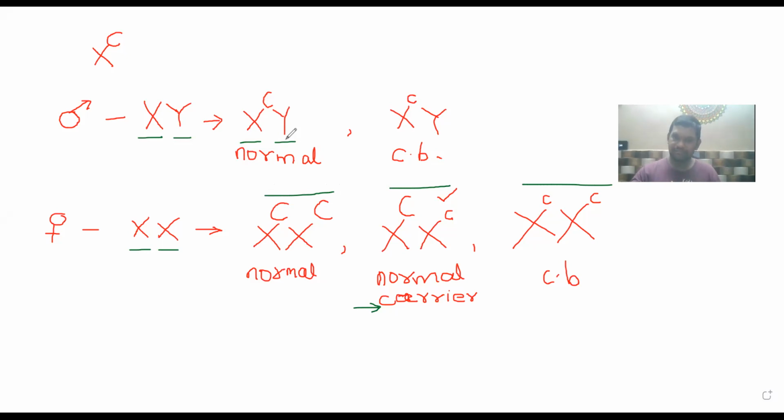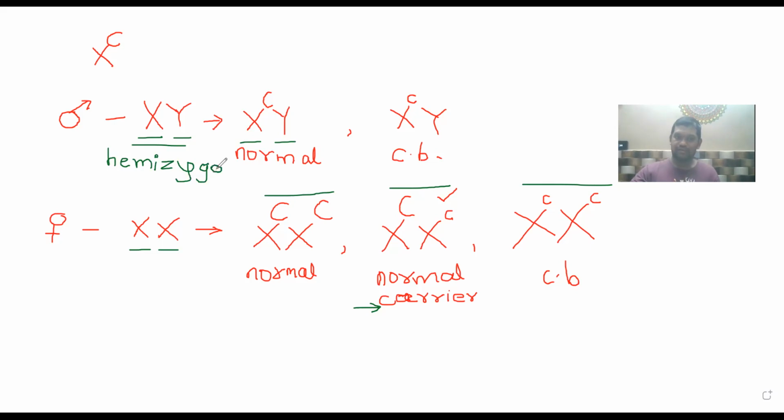Now is it clear? Yes, it is clear. It's simple. Chromosomes in males are said to be hemizygous. We don't call it homozygous. We call it hemizygous because the two genes themselves are different.